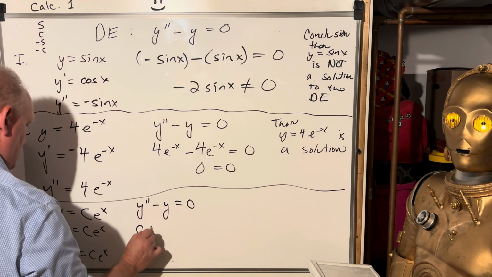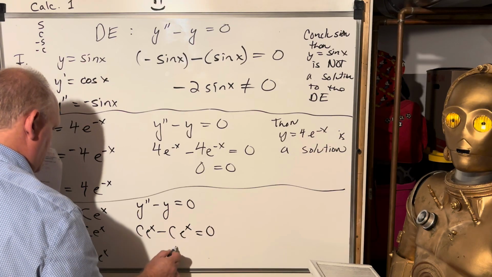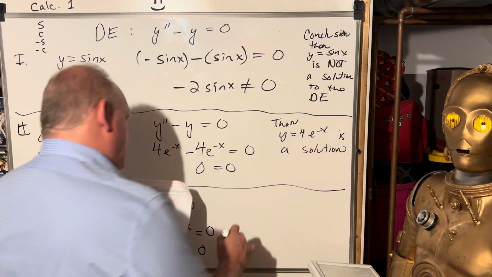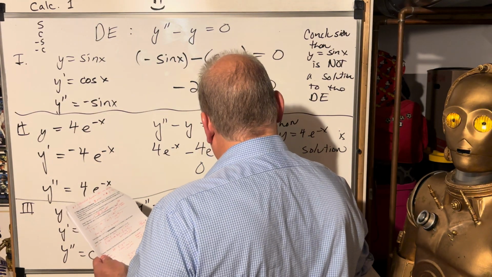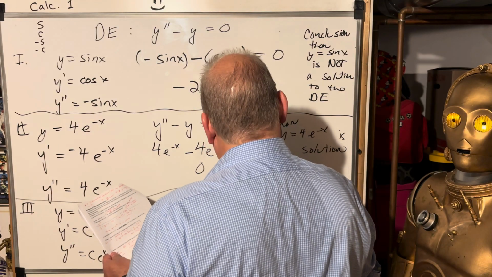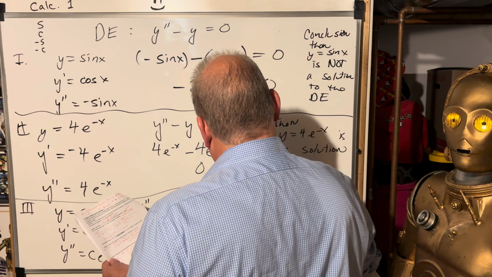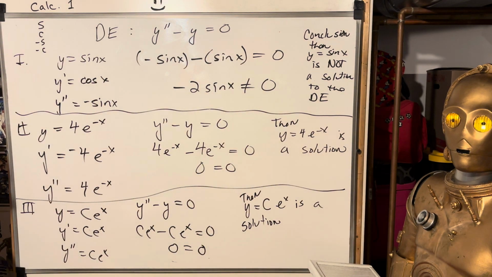Does c e to the x minus c e to the x equal 0? It does. So y equals any constant c times e to the x is a solution to the differential equation. All right.